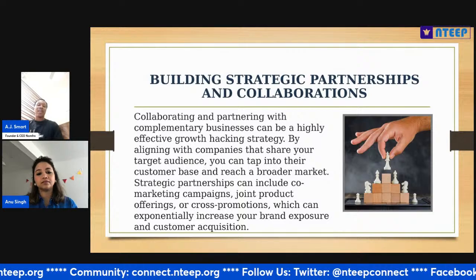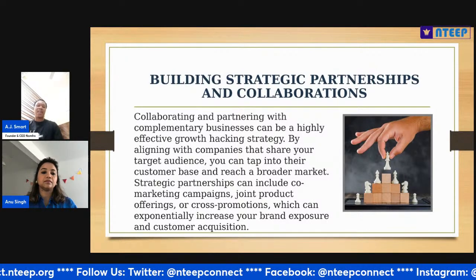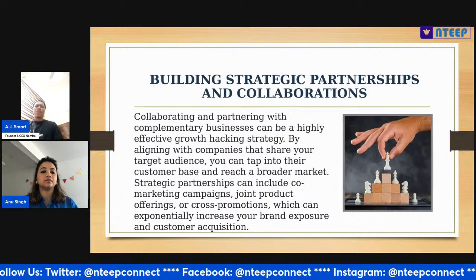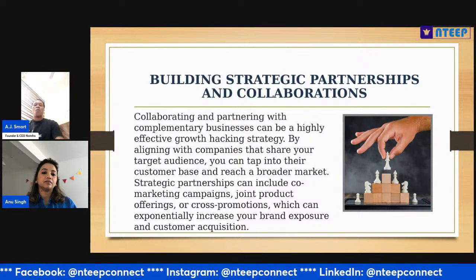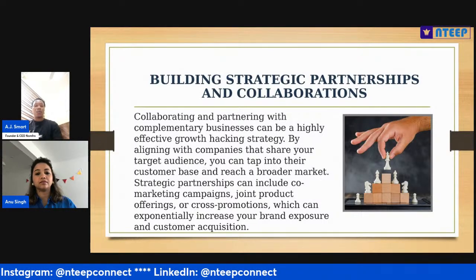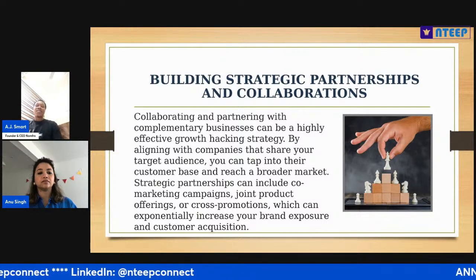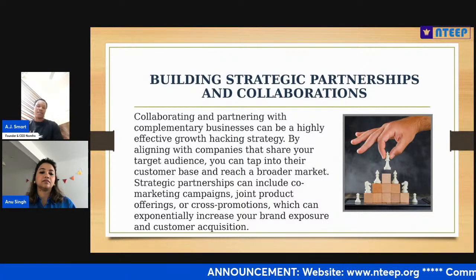You want to enter an industry, for example, where you know that there are people who are already providing that service. So the first question that will probably come to my mind, as I always do, is what part of my service can I provide to my competitors? The reason I want to do that is to make my competitor have something to lose if I go out of the market.